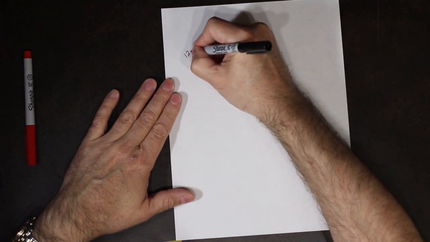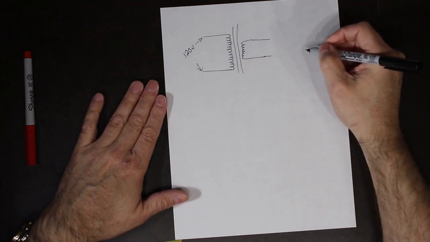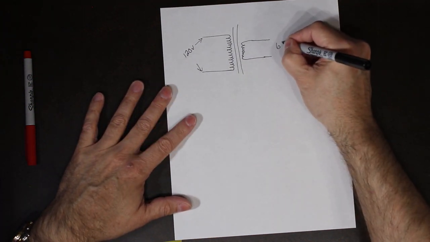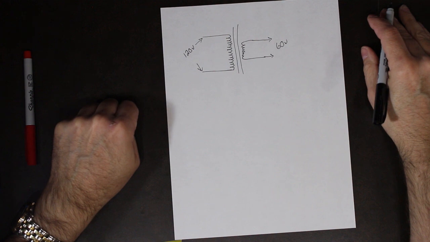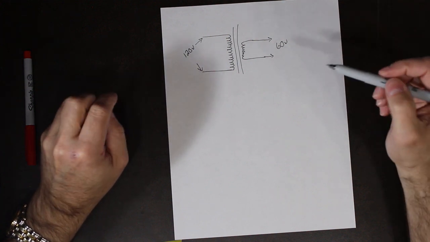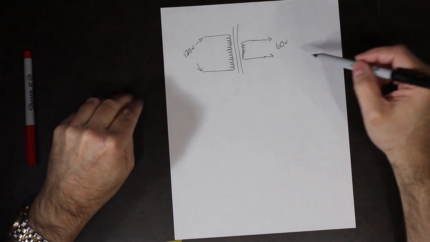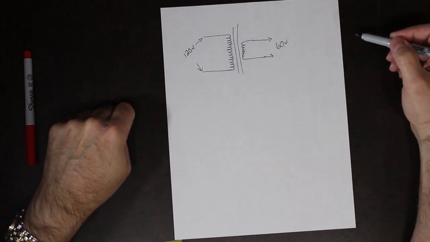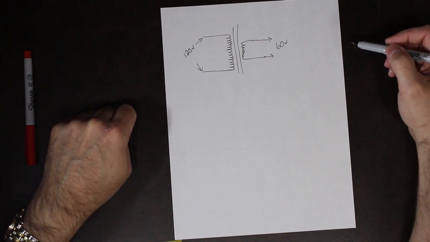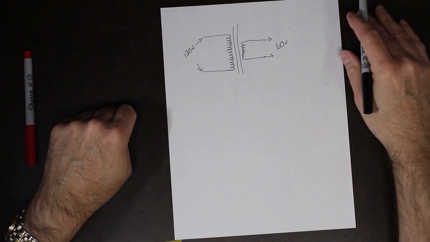So if I apply 120 volts on the primary side of a step-down transformer, and let's say I get 60 volts coming out of that transformer, since I cannot create or destroy energy, only change its form, it seems to be losing some energy here. But the law says that I can't. So something else must be going on inside this transformer, because we can't break the law.